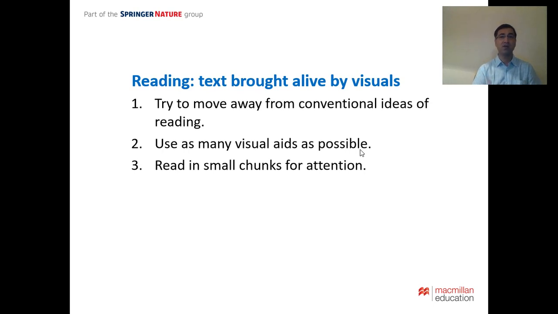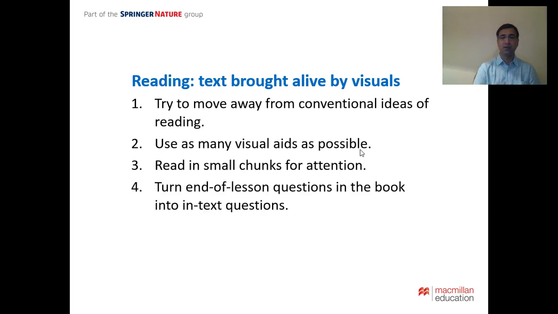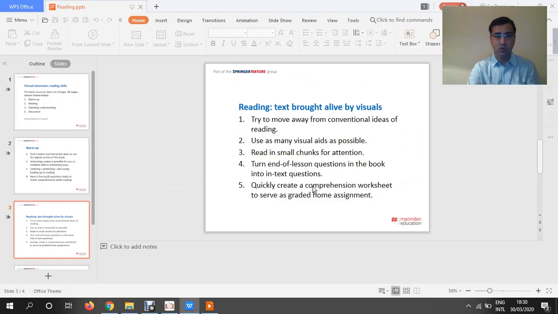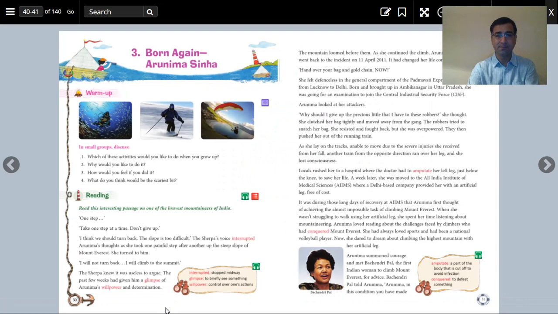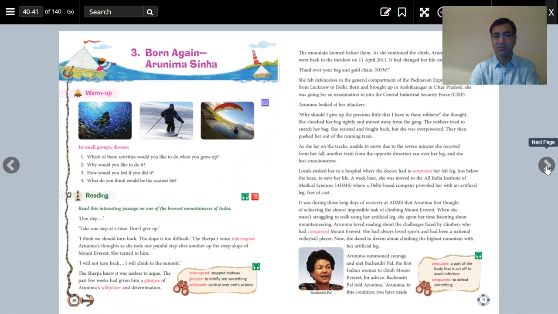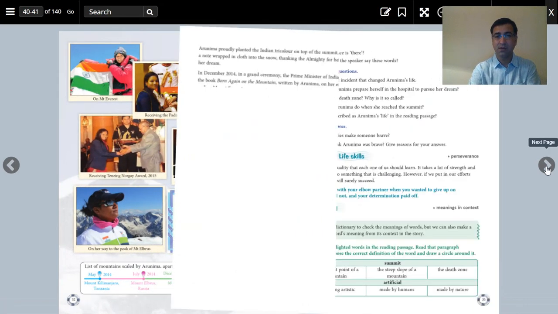Remember, the students are not there physically in front of you in a classroom, so you have to find a way of making sure that their attention is there with you. You can also turn end of lesson questions in the book into in-text questions. So for example, let me show you what I mean by this. You have questions at the end.